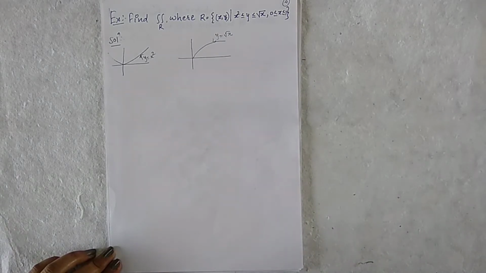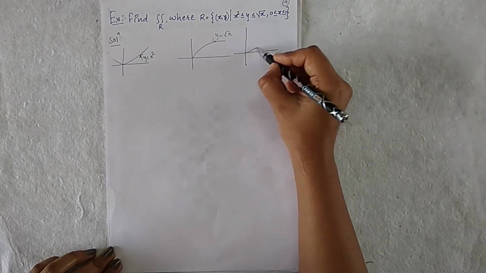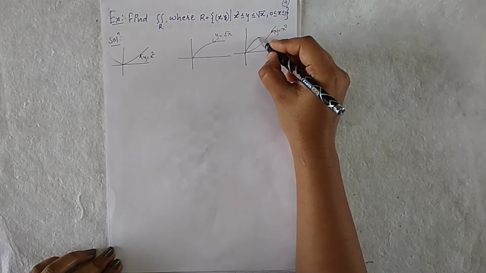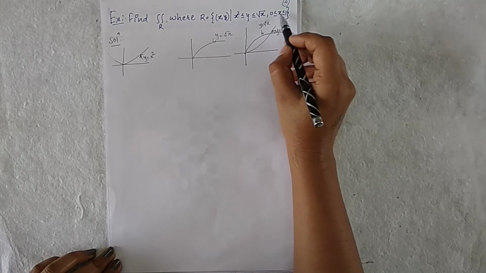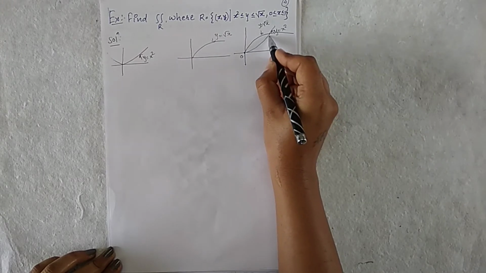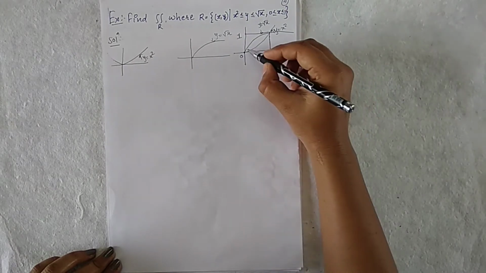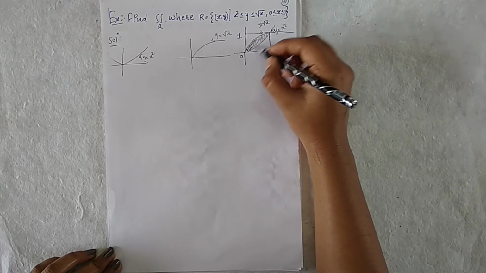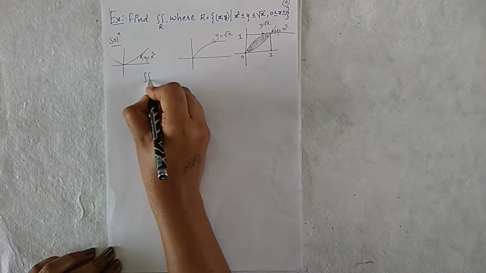Our x varies between 0 to 1, so suppose this is 0 and this is 1. So we find the area of this region.